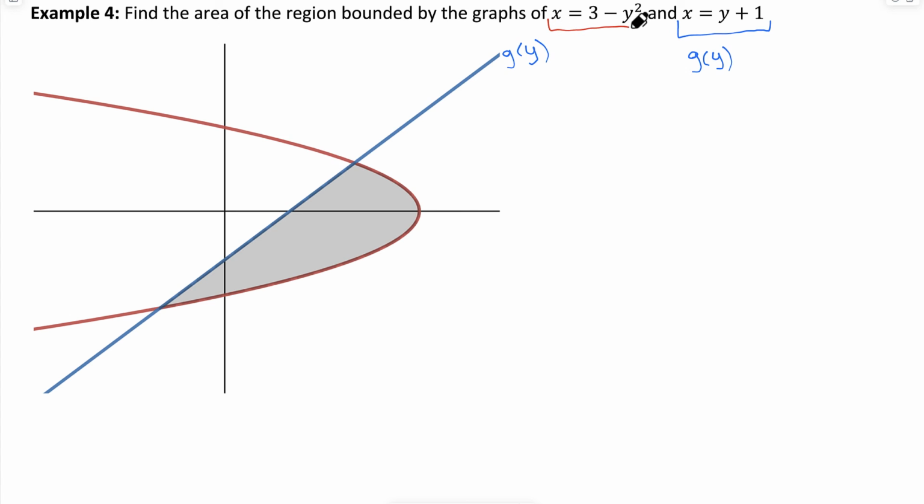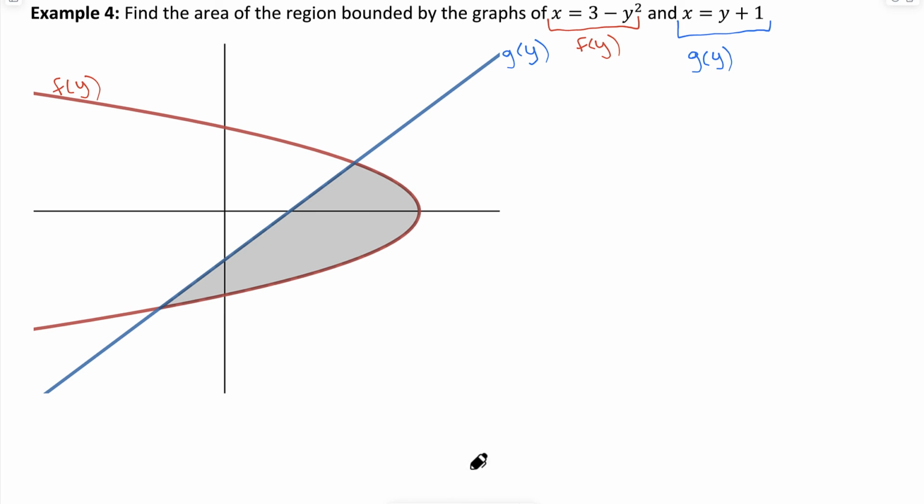And this function here, x equals 3 minus y squared, that is also a function of y because x is isolated, so I'll call that f at y. It's actually going to be easier because x is isolated. Instead of using x values for my limits of integration, I will actually use y values.